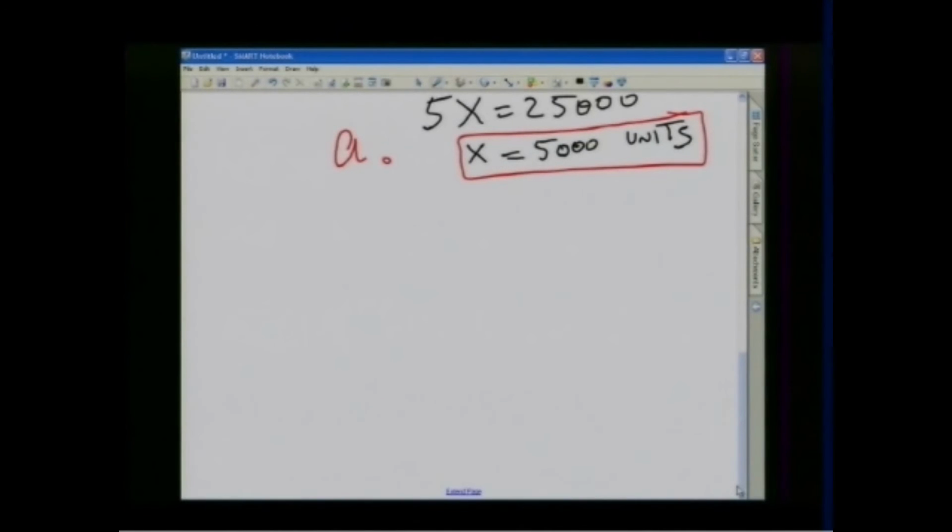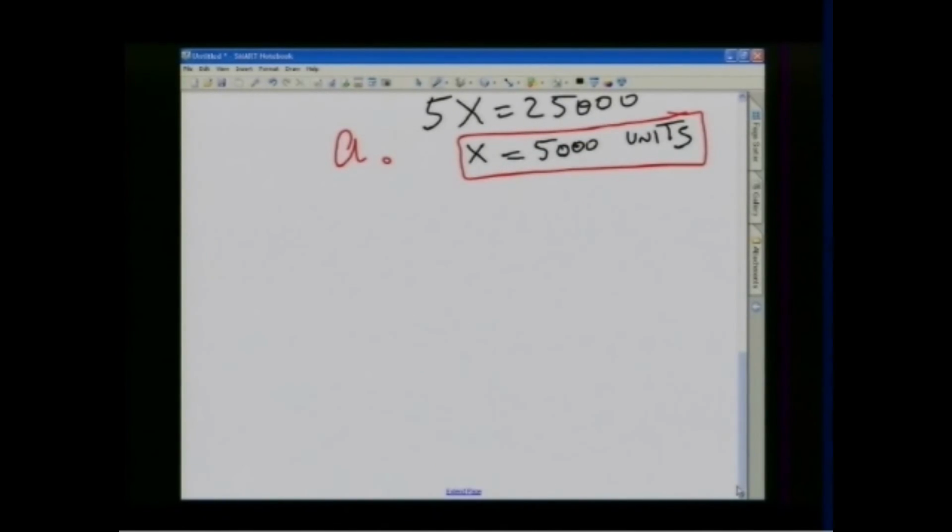Then part B says, what should be the level of sales in order for the division to realize a 15% profit over the cost of making the diaries? 15% profit over the cost.